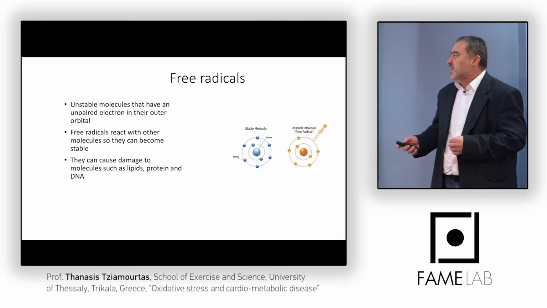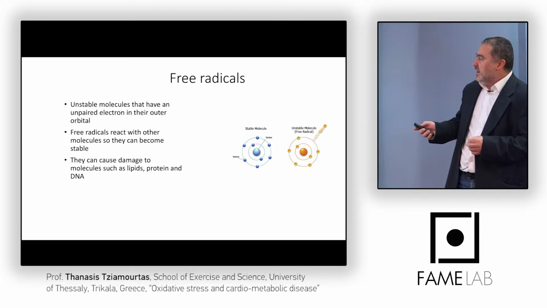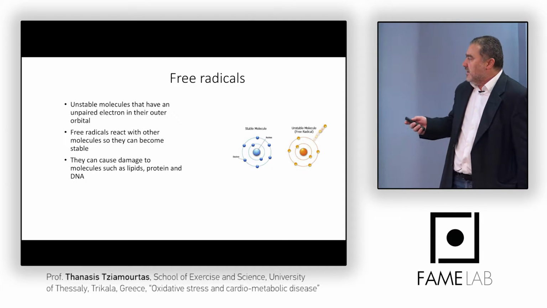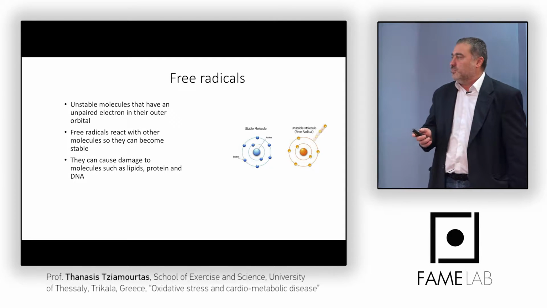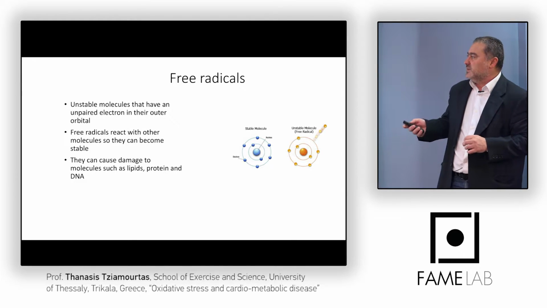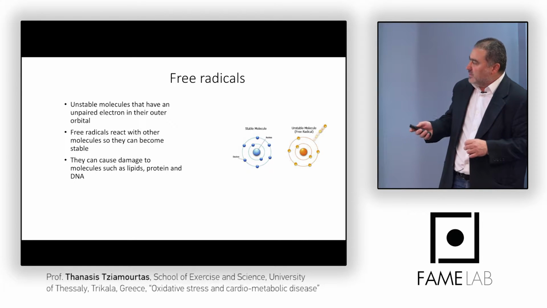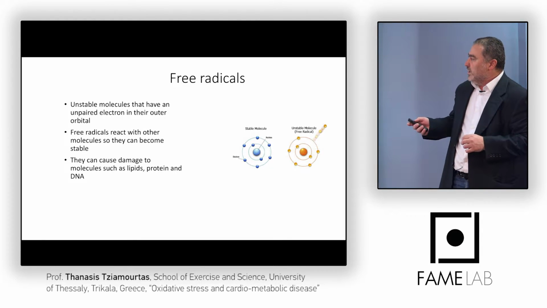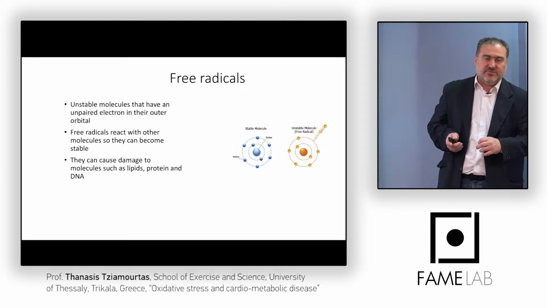A stable molecule is one that has a pair of electrons in the outer orbital. When an electron leaves this orbital, a free radical is formed.